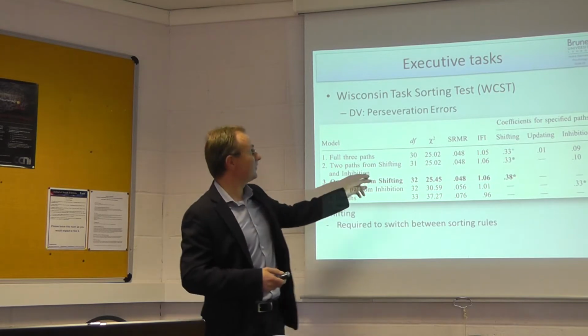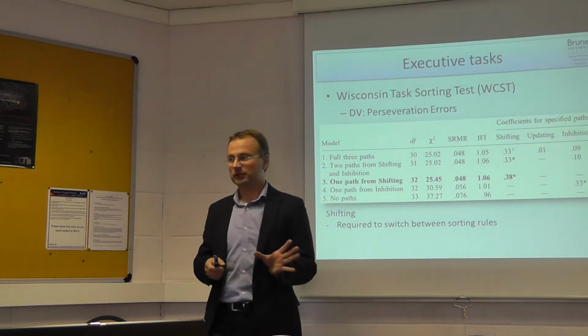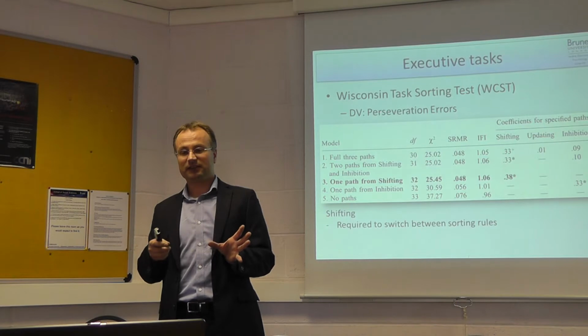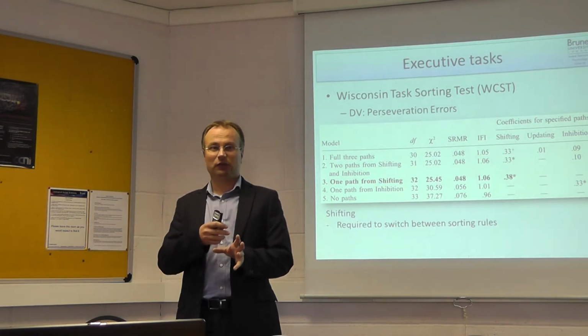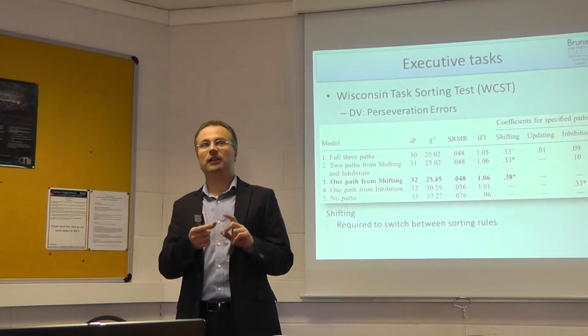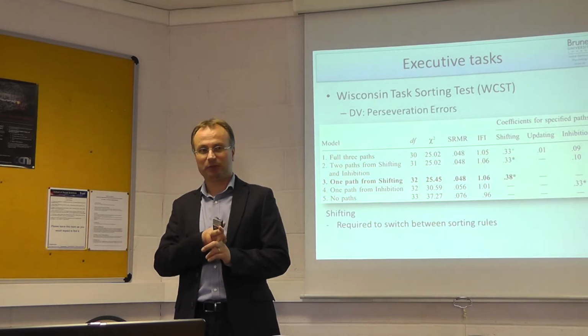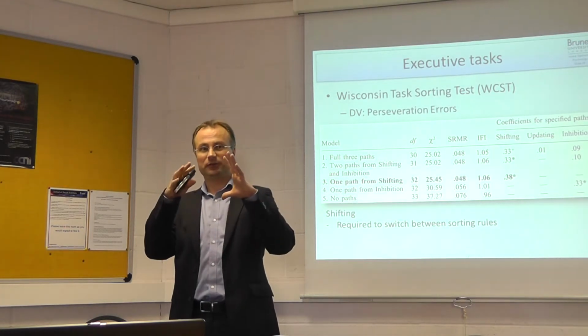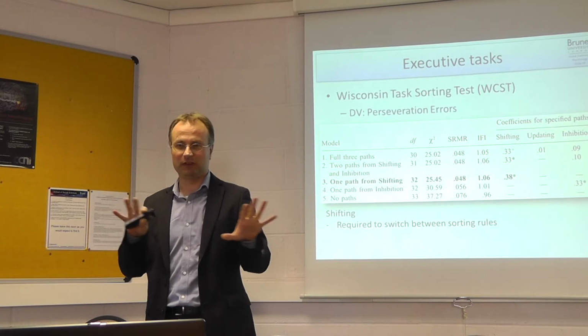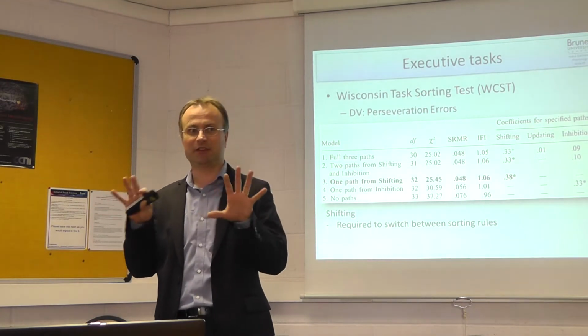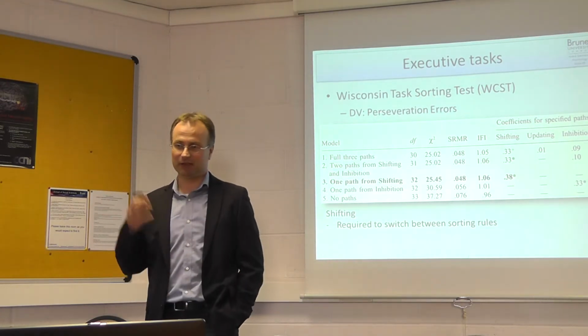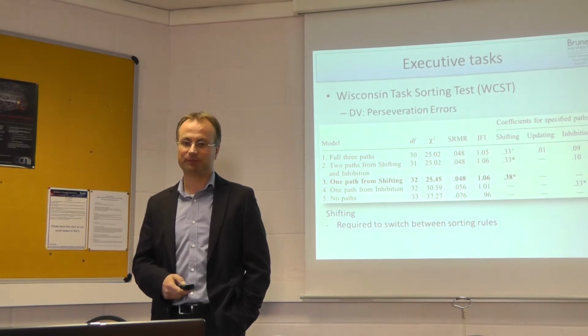However, it means that your Wisconsin card sorting performance is related to the number letter task switching, to the other task switching paradigm, and this global local shift. So these two paradigms test the same underlying cognitive processes.